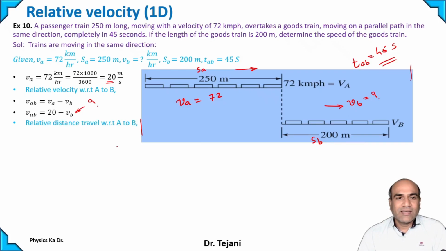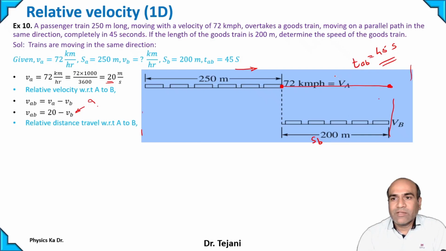Now see, during this overtake, the train starts from this engine, right? So the entire length of this train has to be crossed, then only the train can overtake. That means the engine starts from this position and reaches another position, so it travels 200 meter.